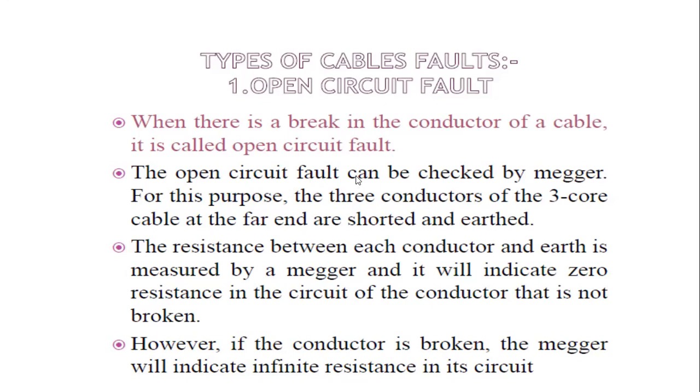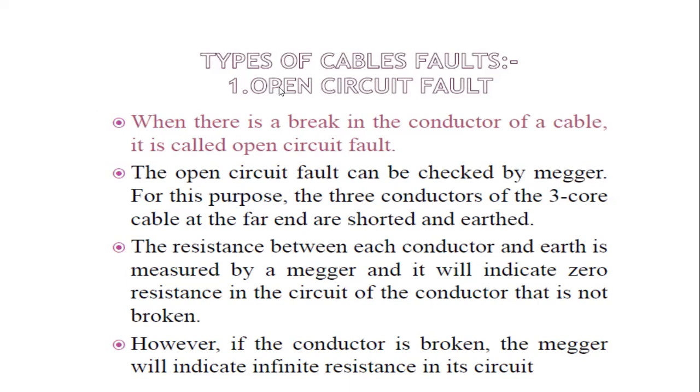If any breaks are obtained in the conductor, then open circuit faults are obtained, and these are measured by using the Megger. The resistance between the conductor and the earth is measured by the Megger; if the conductor is broken, the value is infinity.